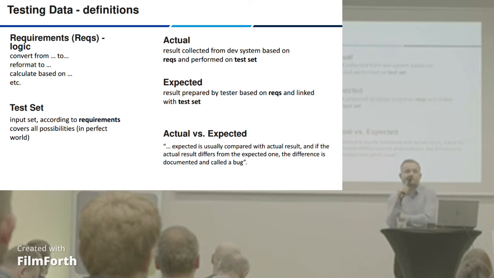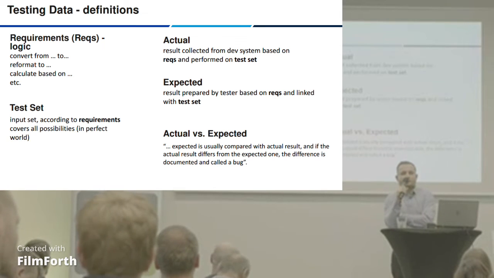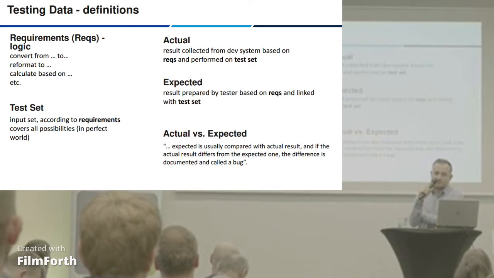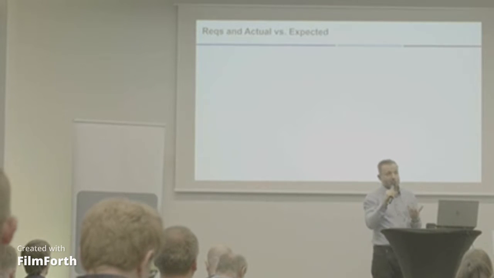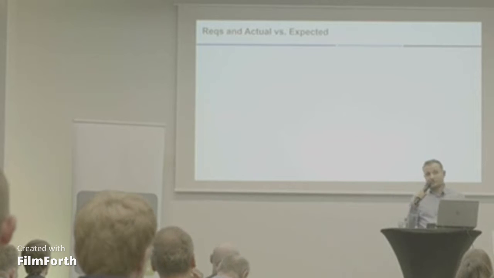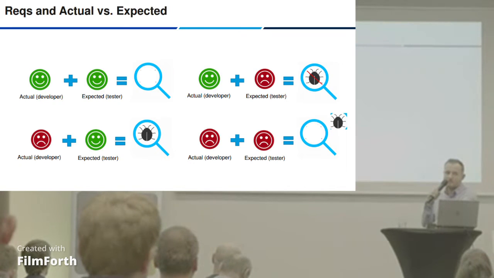And when there is a difference between these values, we can say that we've got this beautiful creature, a bug. But not always, because sometimes, for example, we as testers can make mistakes. Let's go through the 4 scenarios, understanding requirements and implementing them in the developer and the testing system.